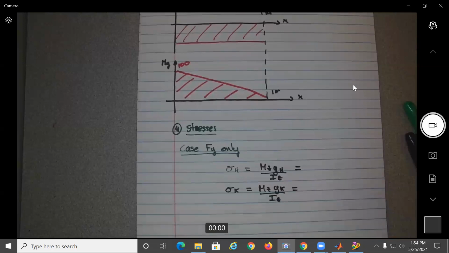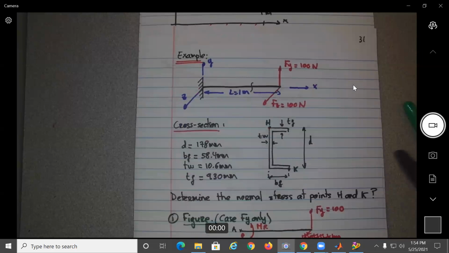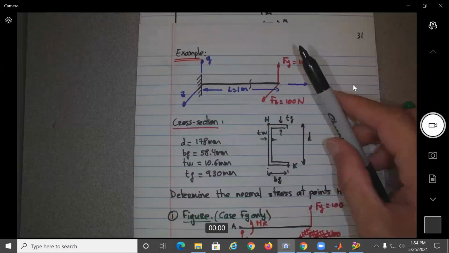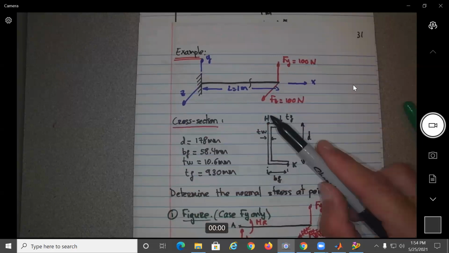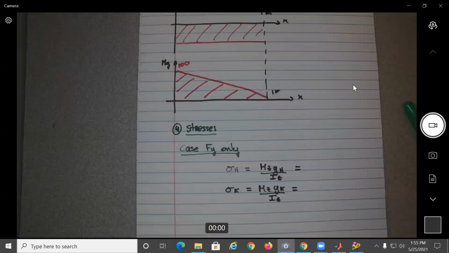So we just said that this is this way, so the force is going to make it bend that way. So K should be in tension, H should be in compression. Okay, so let's see if that's what we get.